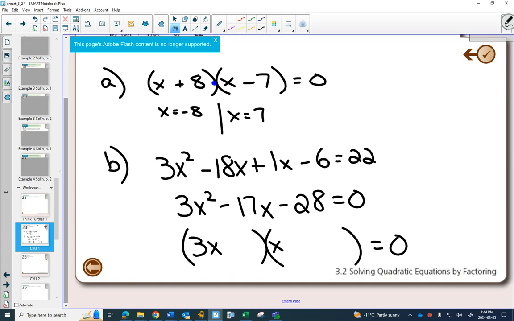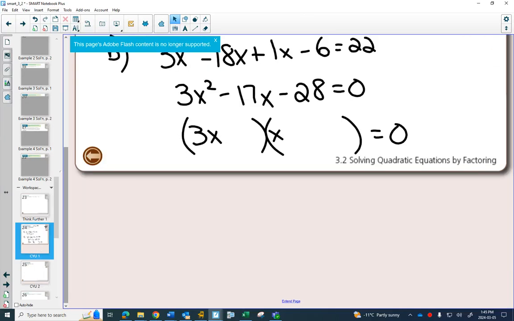And one of the best strategies in factoring is to try something, even if it doesn't work. Okay? Some of you have already probably figured out what works, so don't blurt out an answer. But what are two numbers that multiply to 28? 4 times 7, what else? 1 and 28, 2 and 14. So you have all of these possibilities.